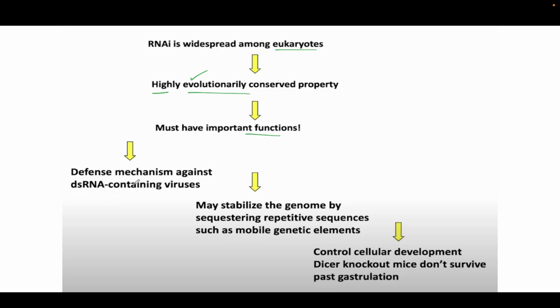This important function can be a defense mechanism against double stranded RNA containing viruses. So there are specific viruses which contain double stranded RNA as their genetic material. So it helps in this defense mechanism against this double stranded RNA containing virus. How do they do this?